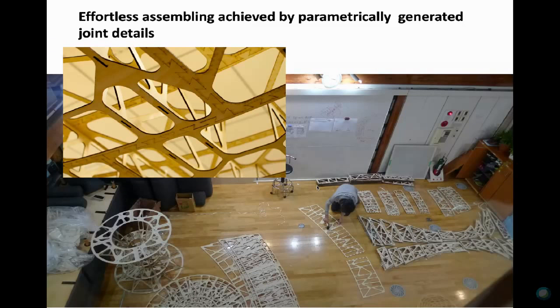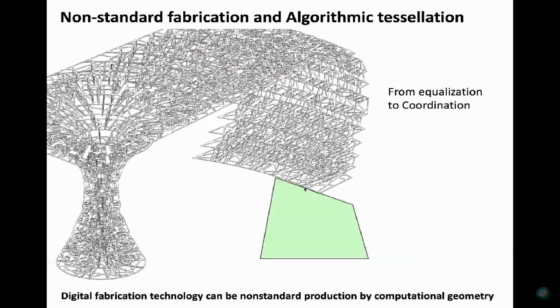That means this effortless assembling is achieved by parametrically generated joint details. Then you see the non-standard homogeneity has enabled this construction of an irregular form with relatively simple parts.